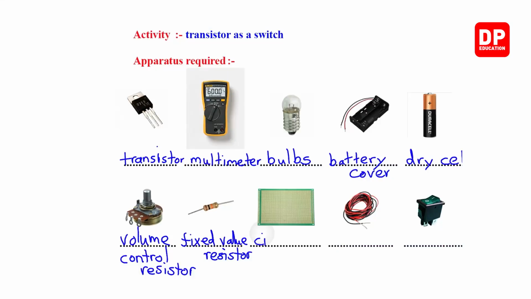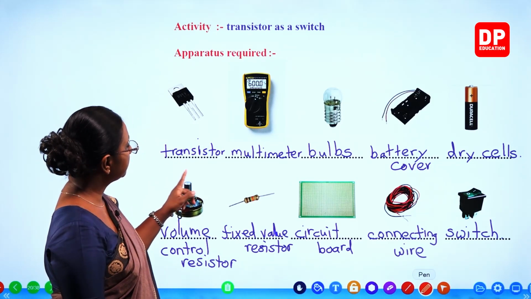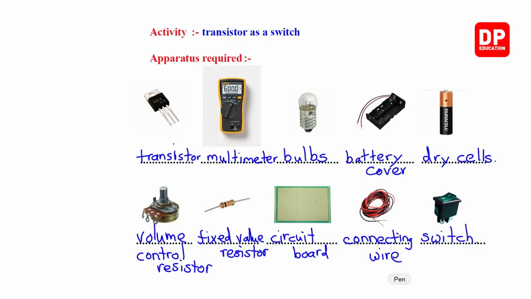Then a circuit board. Then we need the connecting wires and the switch. So these are the apparatus that are required for the activity. A transistor, multimeter, bulbs, battery cover, dry cells. Then we need a volume control resistor, fixed value resistor, circuit board, connecting wires and switch.